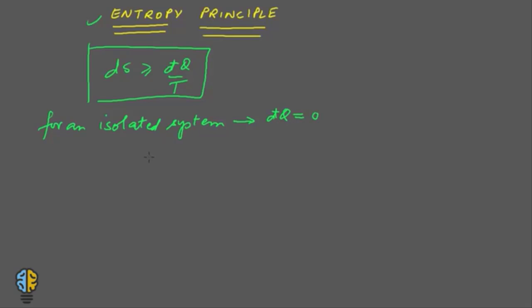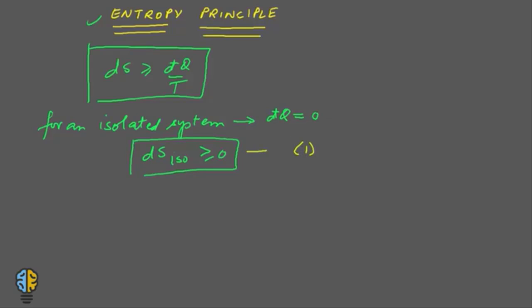So this means that dS for an isolated system is greater than or equal to 0. This is a very important thing to understand. Alright, so let us name this equation 1.